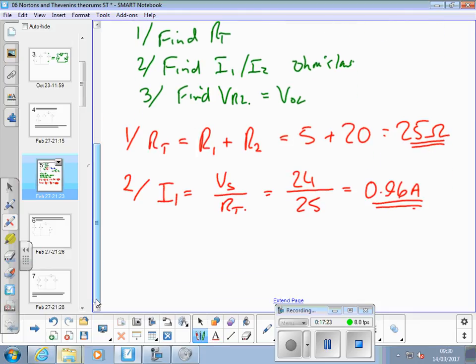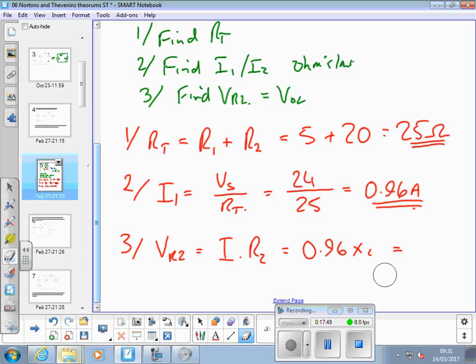Then 25 volts. And that gives the Thevenin's voltage of our equivalent battery. So just a couple of pointers.